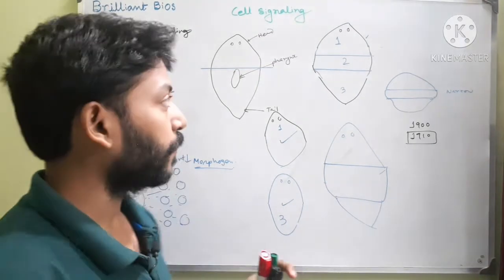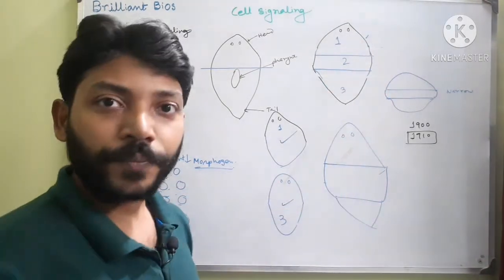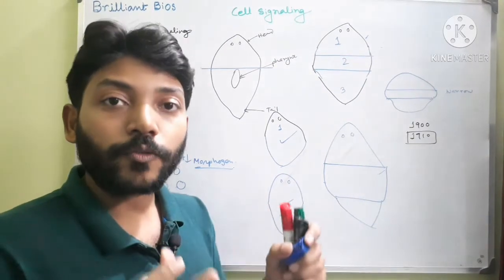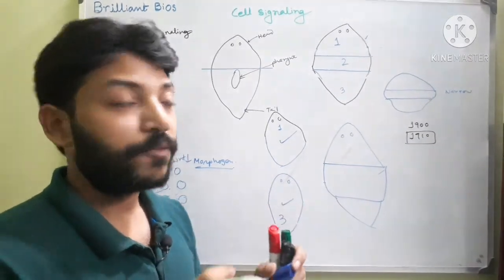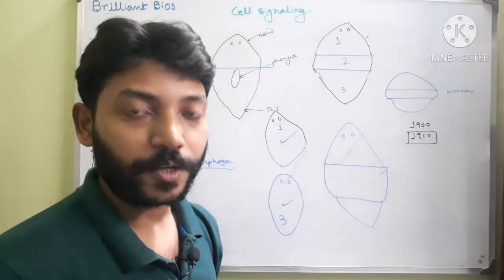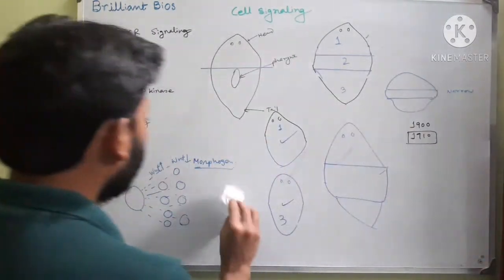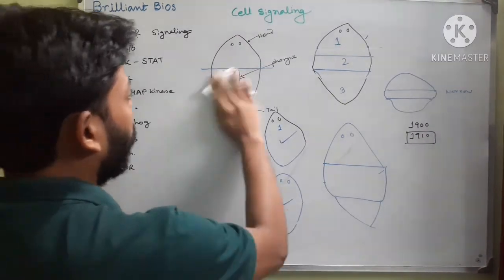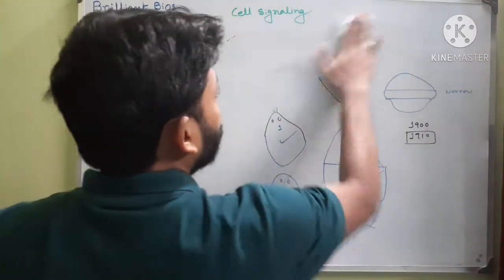You have to understand this. If the segment is very narrow, then the WNT morphogen gradient will not be very active, then the structure will not form properly. Now I will show you the mechanism of this development, how it occurs.